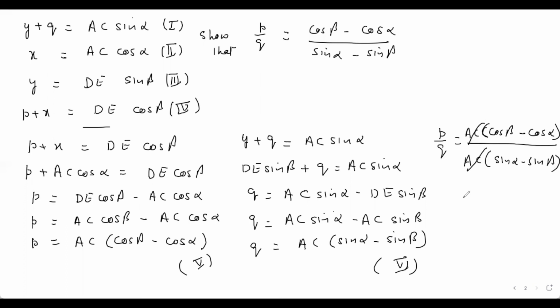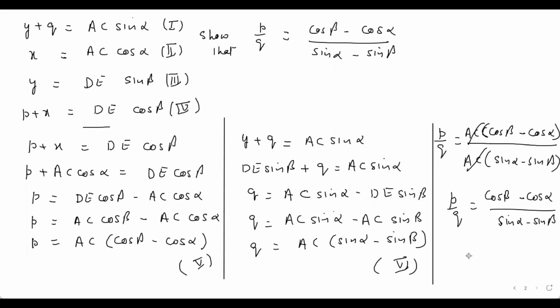AC cancelled. So P by Q is equal to cos beta minus cos alpha upon sine alpha minus sine beta. So this is what we wanted to prove.